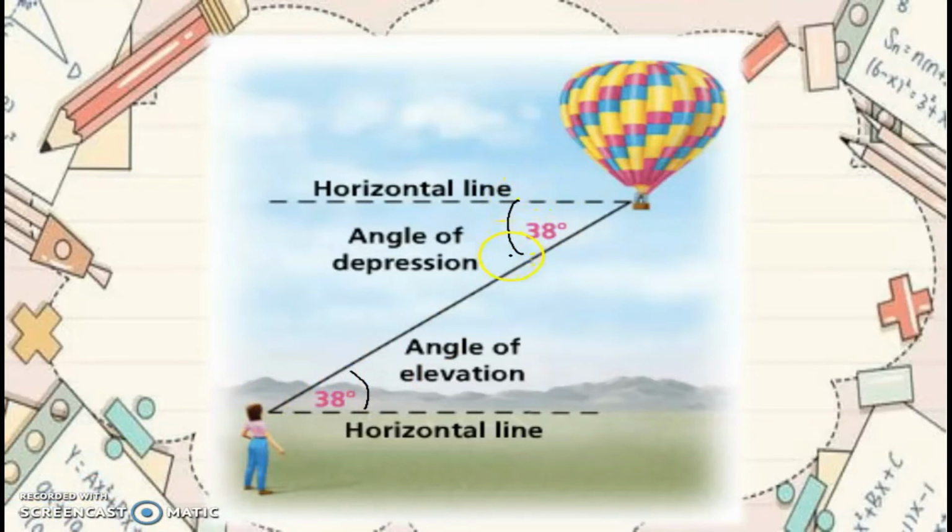So we could say that the angle of depression and the angle of elevation are congruent because they are alternate interior angles. You have learned the concept of alternate interior angles, class, when you were in grade 8. Alternate interior angles are always congruent.